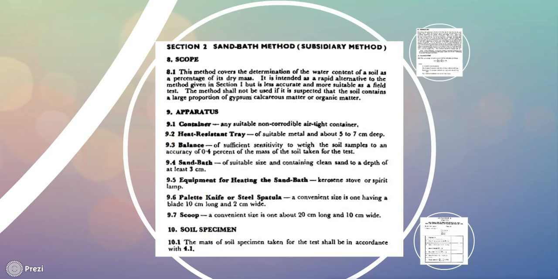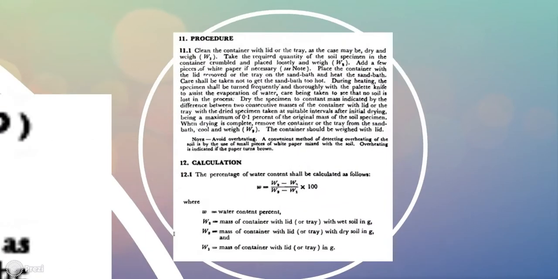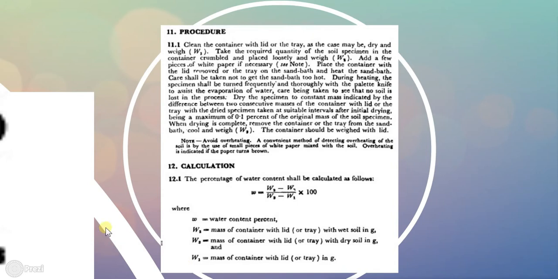Let us go further. Soil specimen shall be taken as we talked previously. If 90% or more of soil is passing from 425 micron IS sieve, then soil sample mass should be taken as 25 grams, and likewise as we have seen previously.